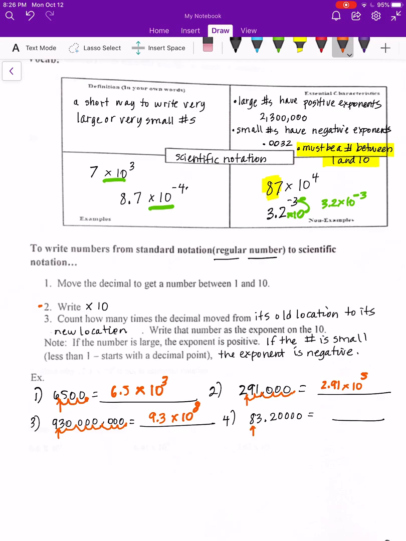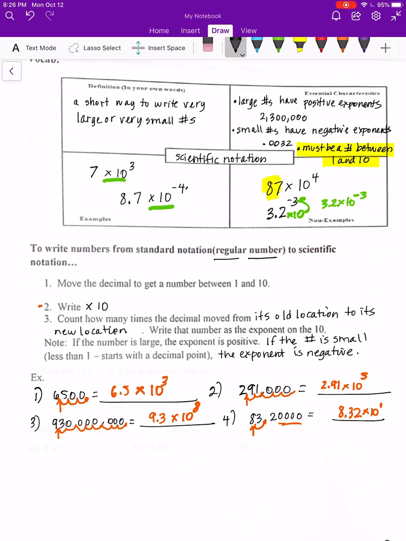So I'm going to move my decimal to here, and it'd be 8.32. When the zeros start repeating is when I can cut them off. Now I write times 10, and I have to say how many times it went from its old location, that's where it was here, to its new location. So to the first power. So 8.32 times 10 to the first power is what you write.